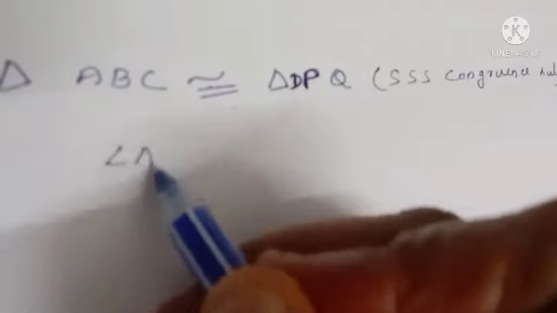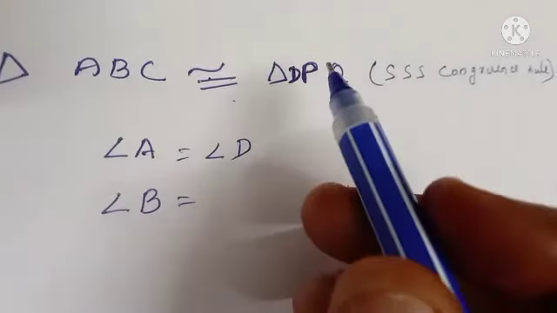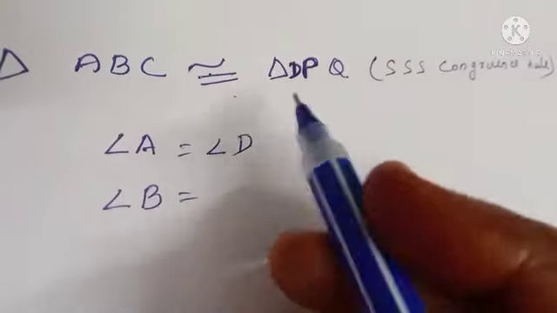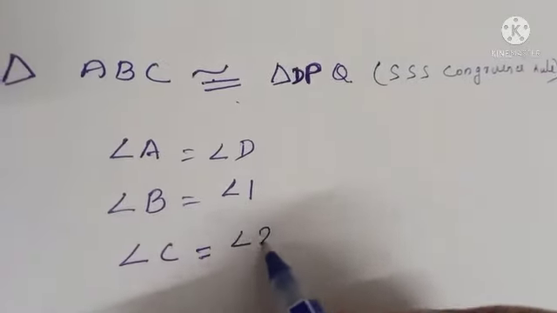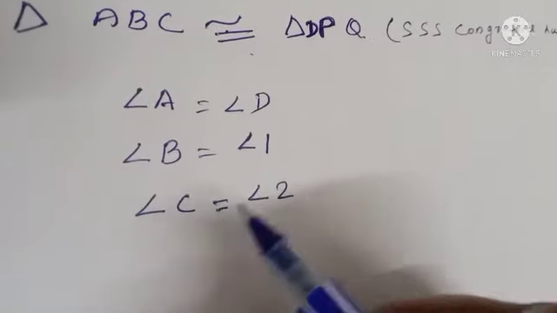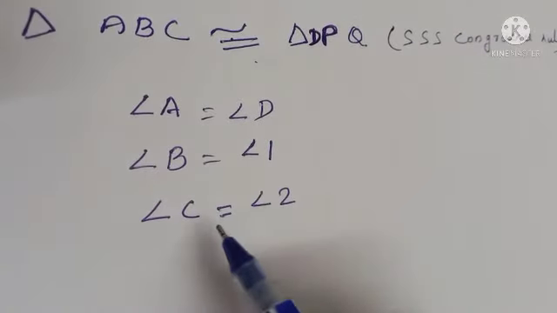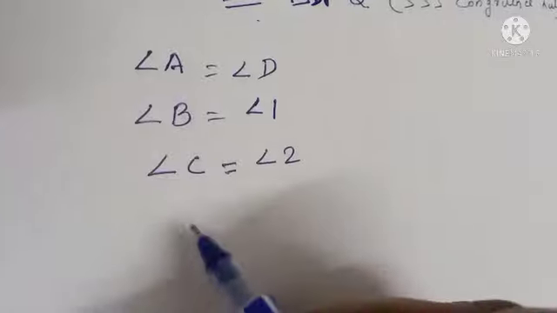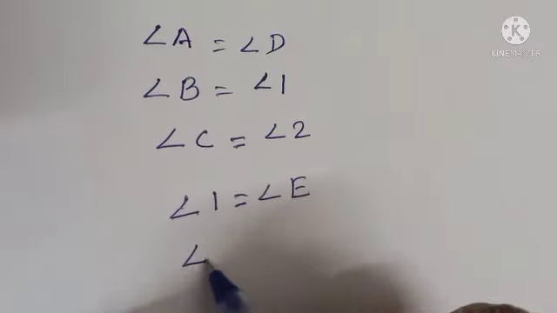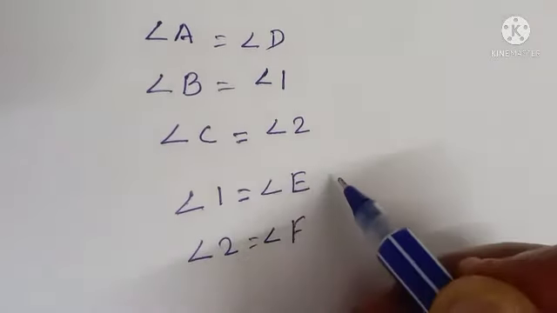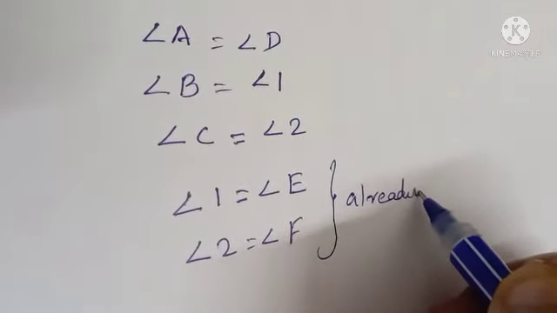So angle A equals angle D, angle B equals angle 1, which we already marked, and angle C equals angle 2 at Q in triangle DPQ. Then we already proved angle 1 equals angle E and angle 2 equals angle F.